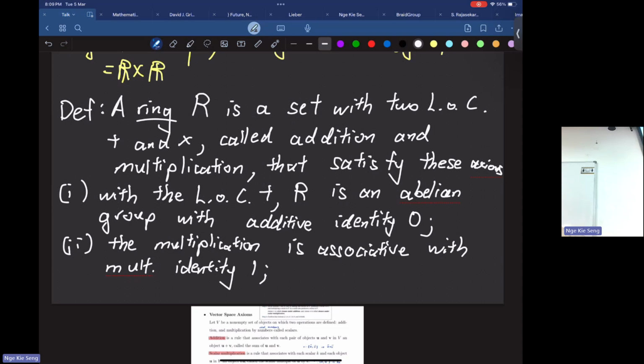Is it true for the integers or not? Note that in this case, we don't demand commutativity for multiplication. For a ring, we don't demand that.